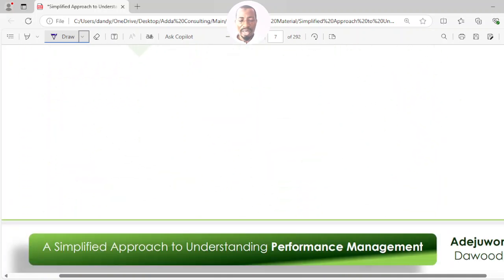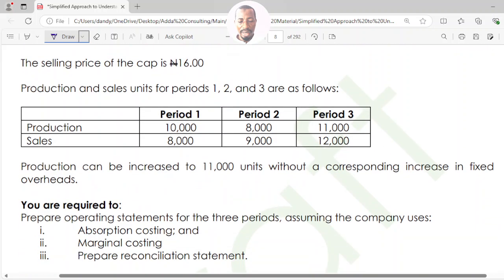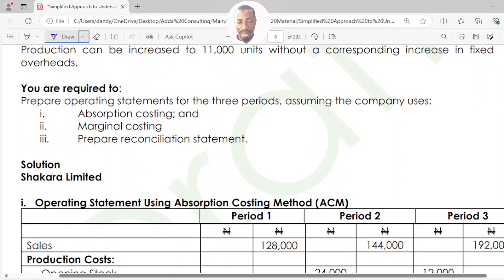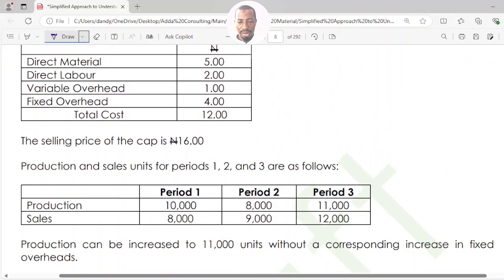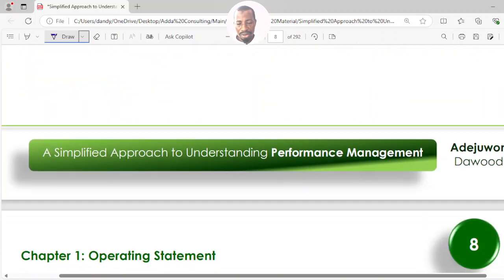So at this point, let's have an illustration to demonstrate our learning today. Let me look for one with two periods.